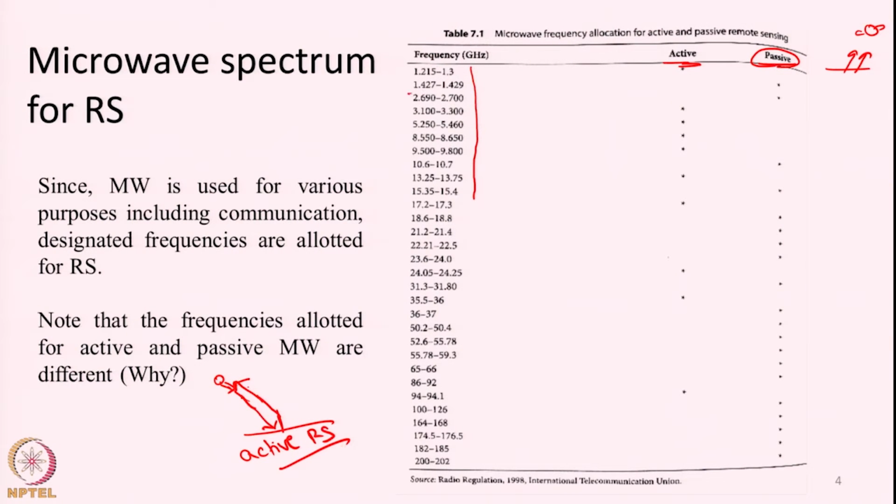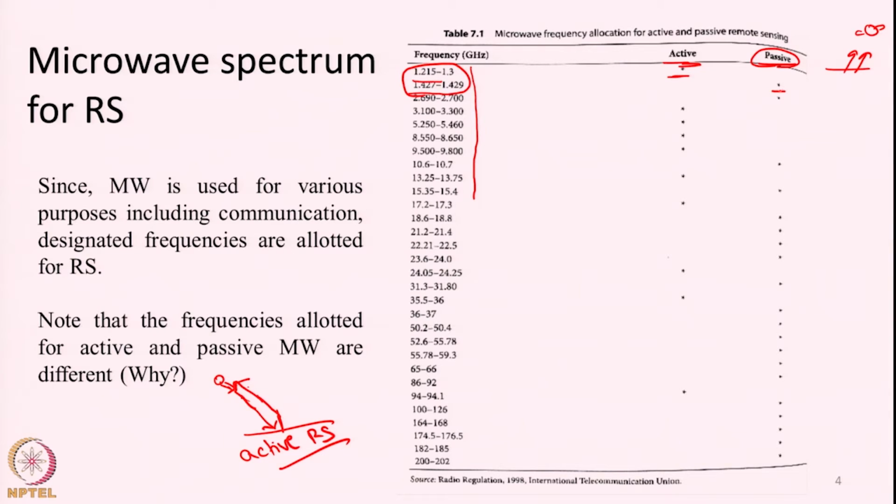So, even in the microwave spectrum, the frequencies have been divided for active and passive. For example, let us take the L band, okay. Typically these frequencies correspond to the L band, 1.2 to 1.3 and 1.4 gigahertz range. If we want to do active remote sensing, you are supposed to use this 1.2 to 1.3 gigahertz.